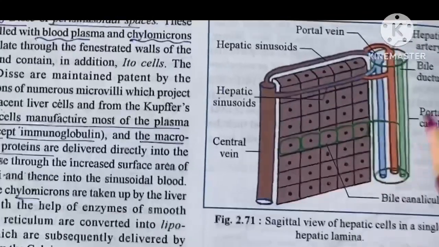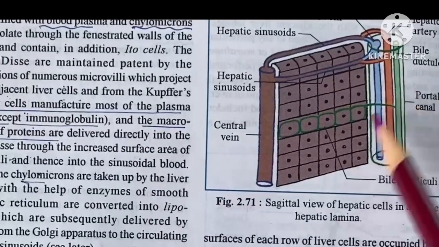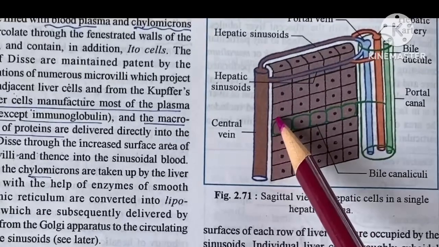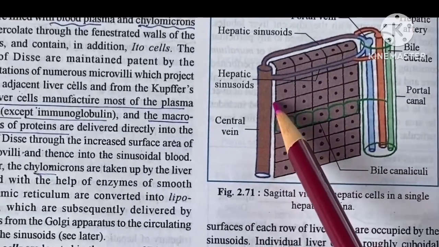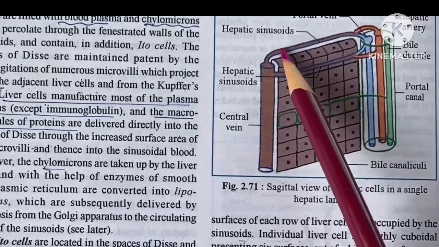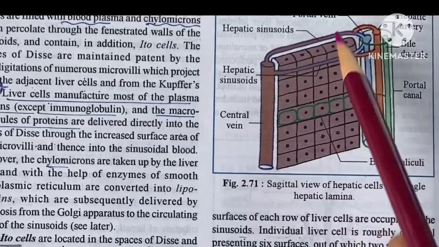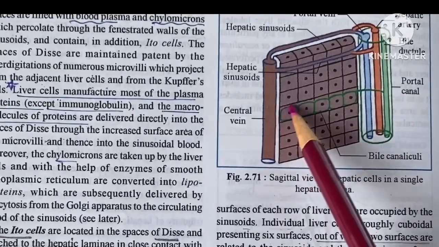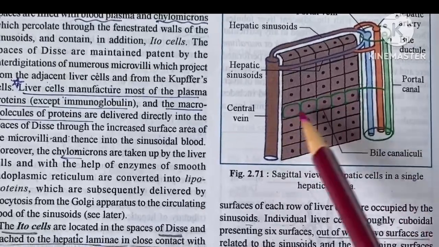So here is the bile duct. Liver cells secrete the bile. The bile canaliculi lie between the two liver cells. The other sides of the liver cells contain the hepatic sinusoids.